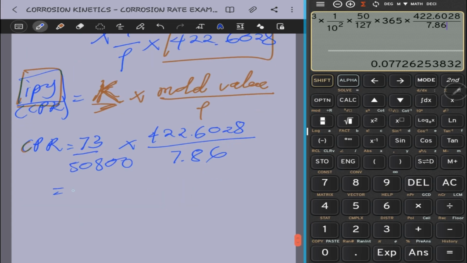Clearly this is giving us the IPY value that we had in the whole long format that we used the other time. So this gives us 0.77, and in 3 decimal places, 0.773 IPY.